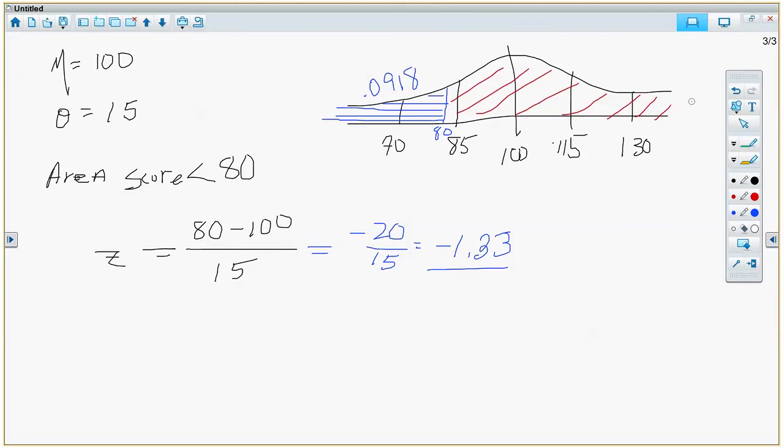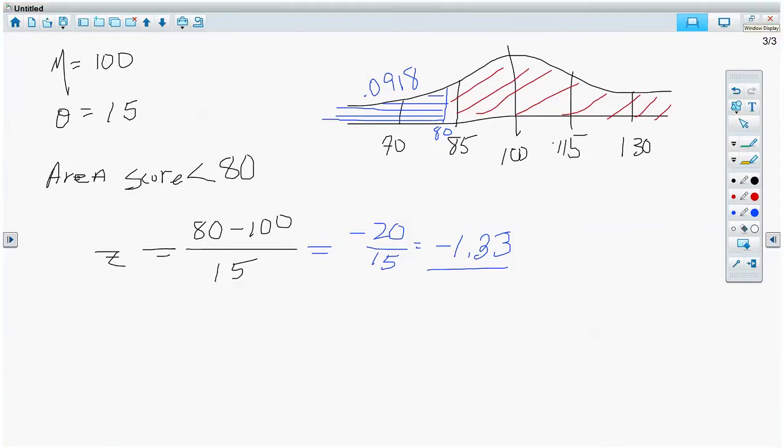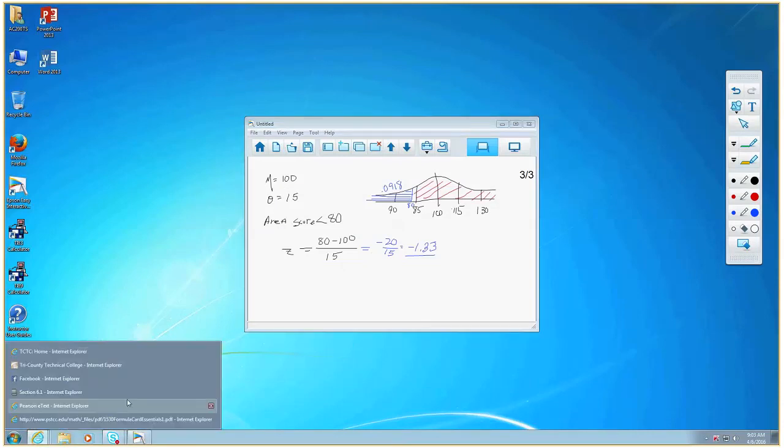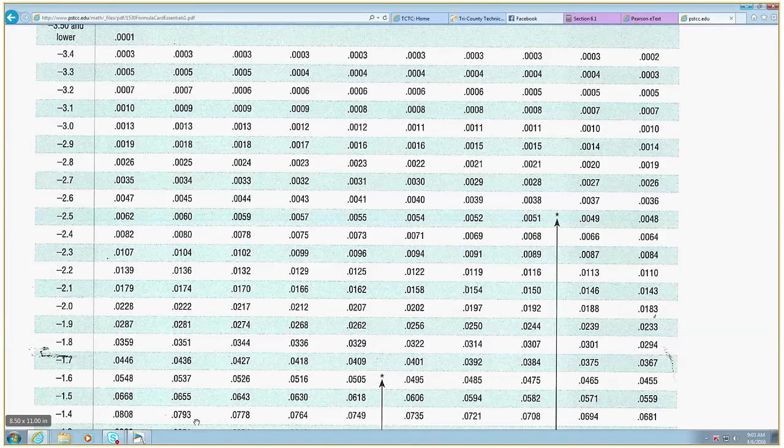I'm very confused on why you went over 30. I know you went down below 0.3, but I'm trying to get there. All right, here is negative 1.3.